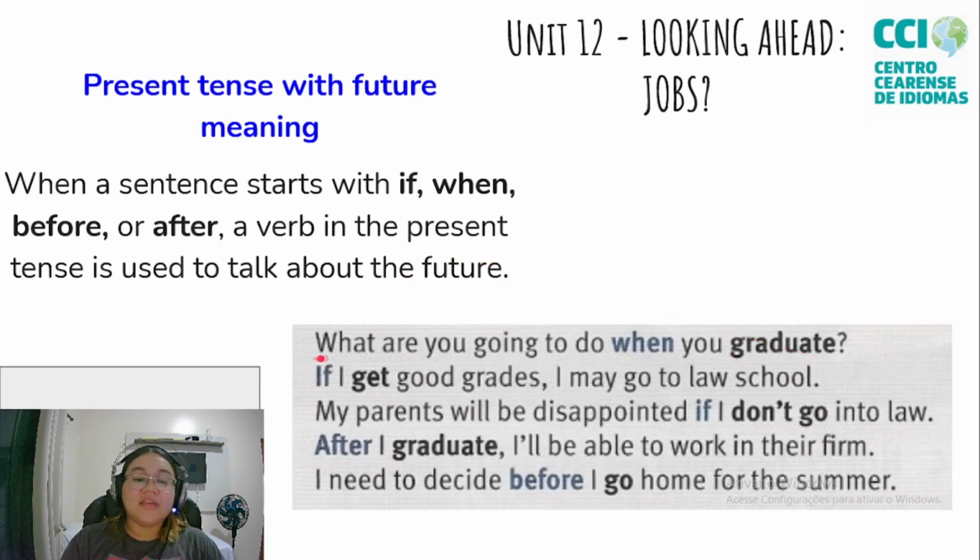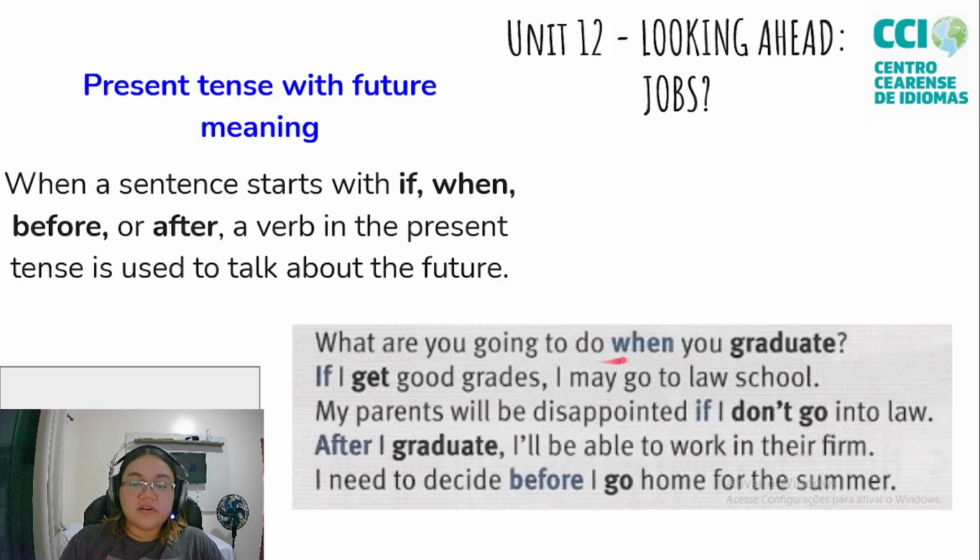Now we have if. If I get good grades, I may go to law school. We don't say if I will get good grades. The verb has to be in the present. So, if I get good grades. But here's another observation. This phrase will be in the present, but the first phrase here is still in the future. What are you going to do in the future? When you graduate.